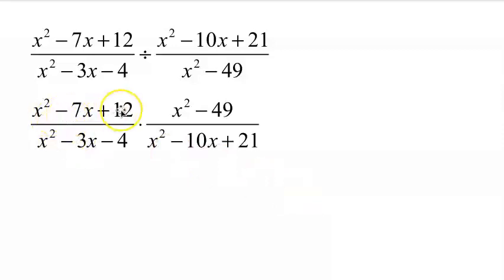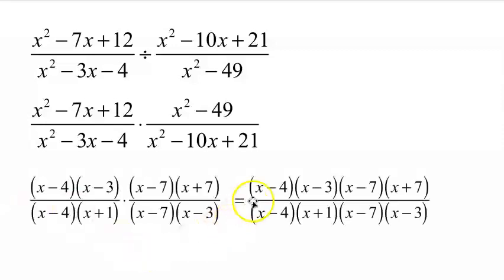X squared minus 7x plus 12 becomes x minus 4 times x minus 3. X squared minus 3x minus 4 is x minus 4 times x plus 1. X squared minus 49, x minus 7, x plus 7. X squared minus 10x plus 21, x minus 7 times x minus 3.